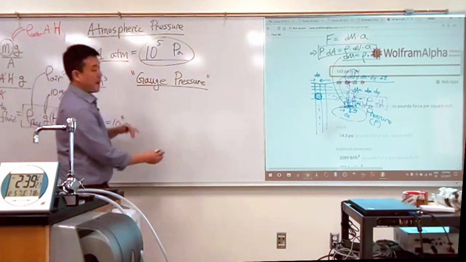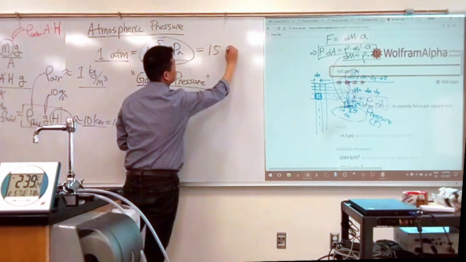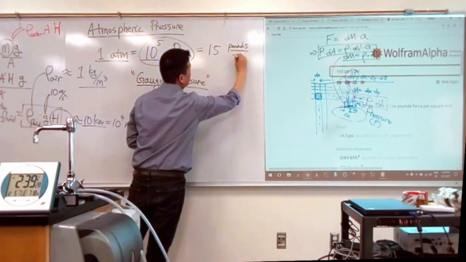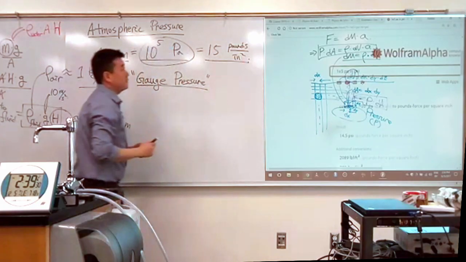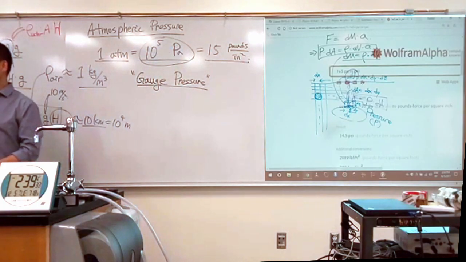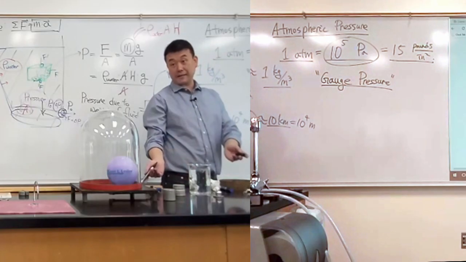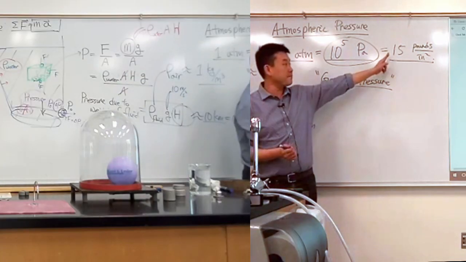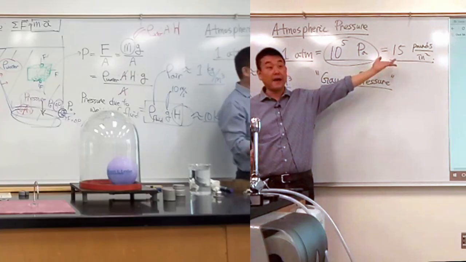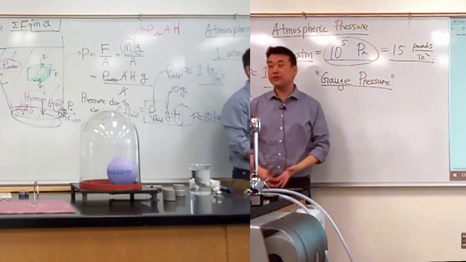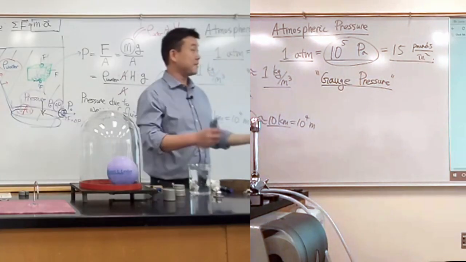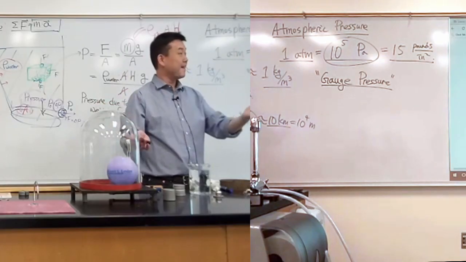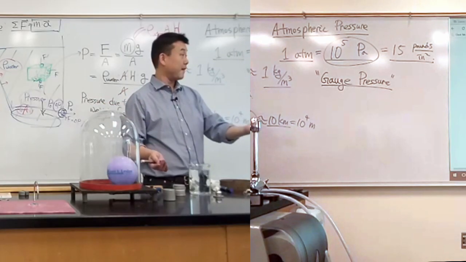So this is about 15 PSI, pounds per square inch. And if I said that your car tire inside has a pressure of 15 pounds per square inch right now, I'm essentially telling you that your tire is not inflated at all. Because if you simply leave an opening, the pressure will equalize with outside, and it'll just naturally have 15 psi.